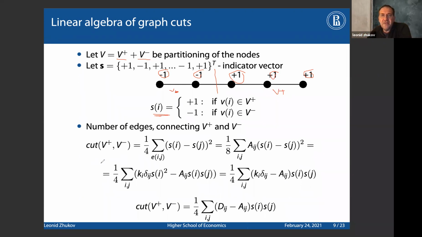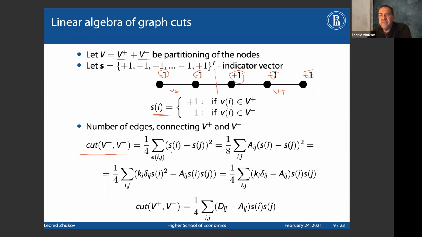Now, let's go back to the definition of a cut. Remember, a cut is the number of edges crossing the partition. What's interesting is that you can express the value of the cut through that indicator vector.